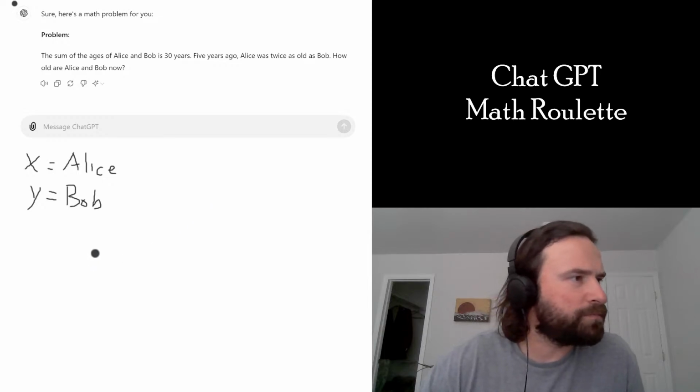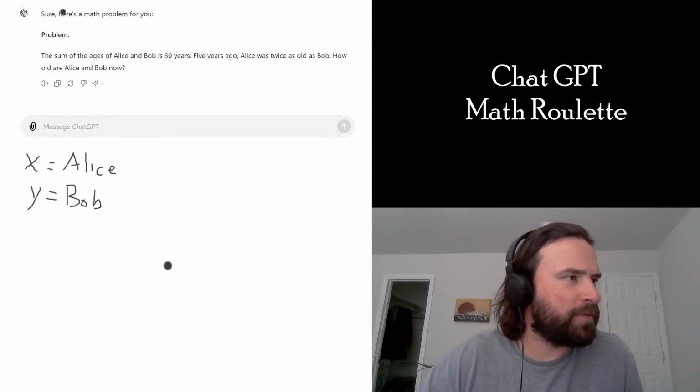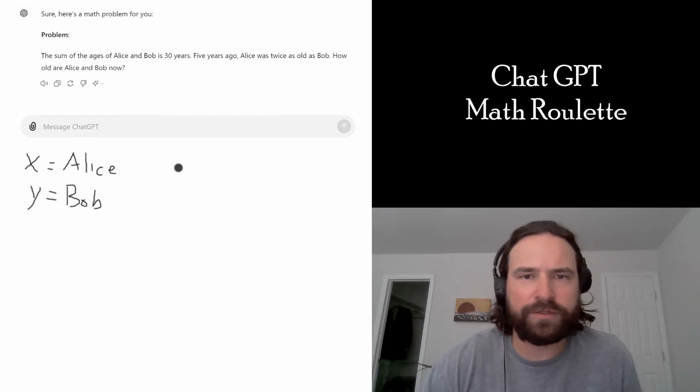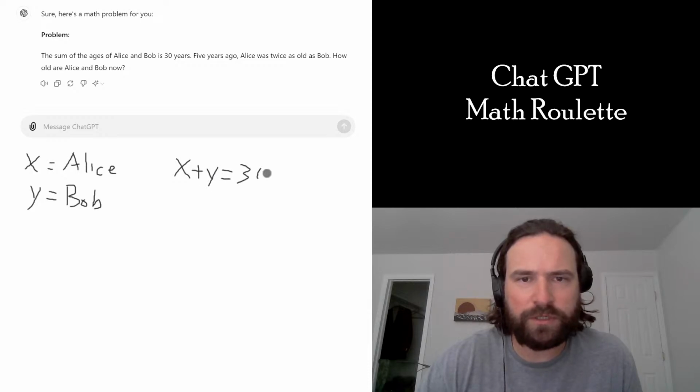What do we know? So right now, their ages added together are 30 years old. We can make an equation out of that. So just x plus y equals 30, because their two ages added together is 30 years.